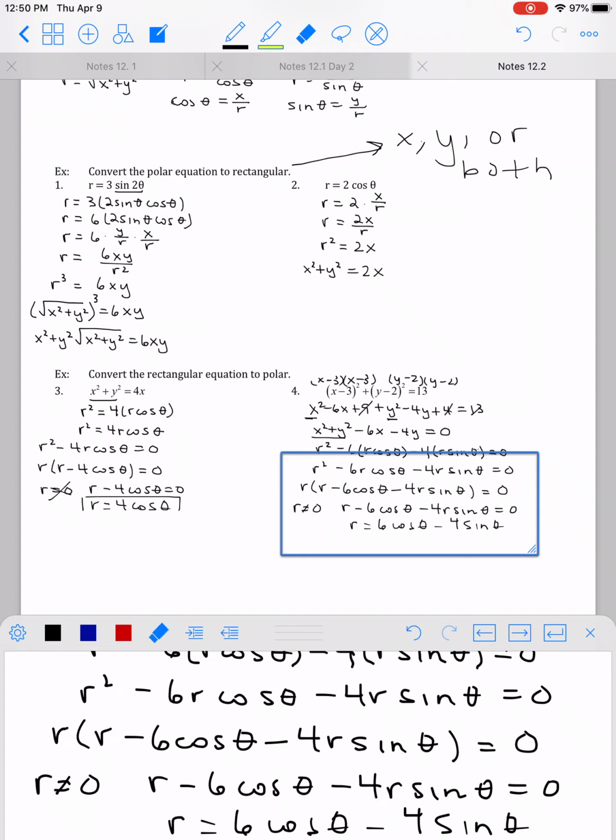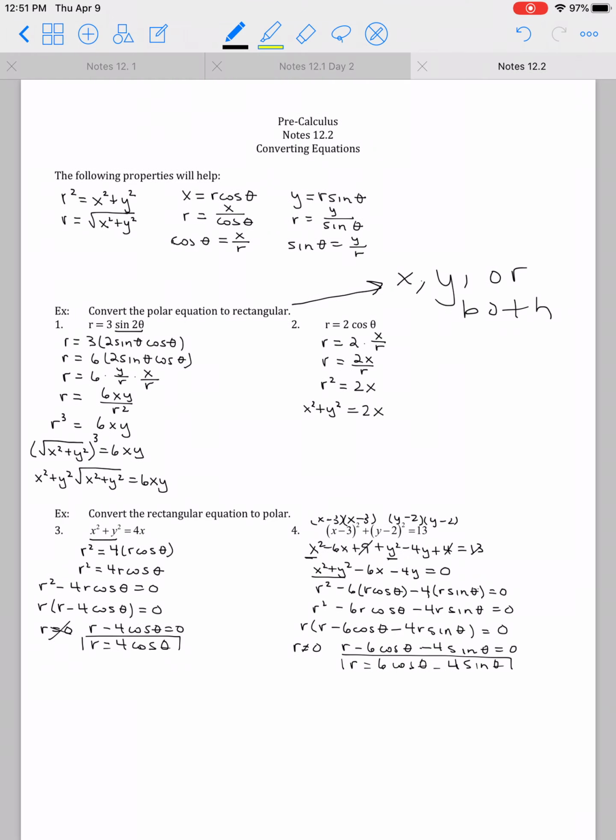And that little sign right there, that should have been, without the r, minus 4 sine theta. And that is our conversion. Okay, so the past 2 lessons have been about converting. One was polar points, and then today was polar equations.